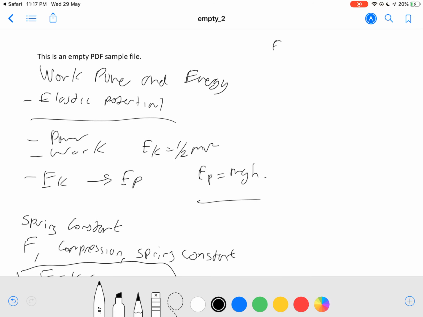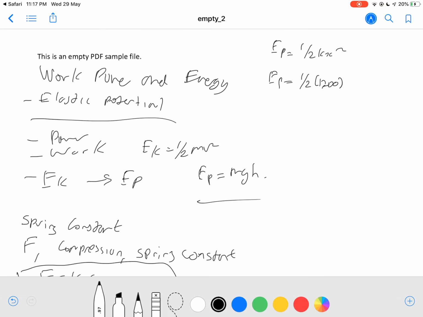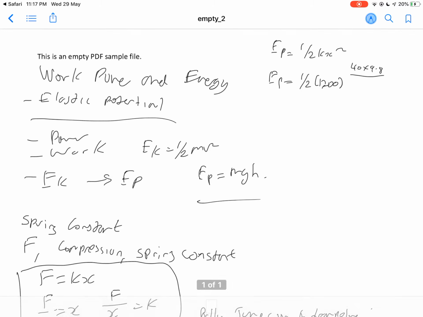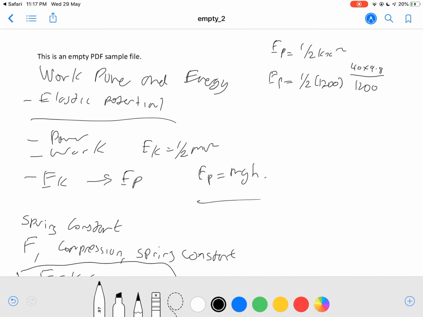Now EP equals half kx squared, so EP equals half of 1200 multiplied by 40 times 9.8 divided by 1200, squared, which will give you EP. After you find EP, it equals EK.